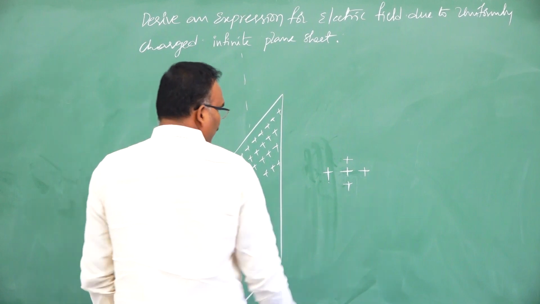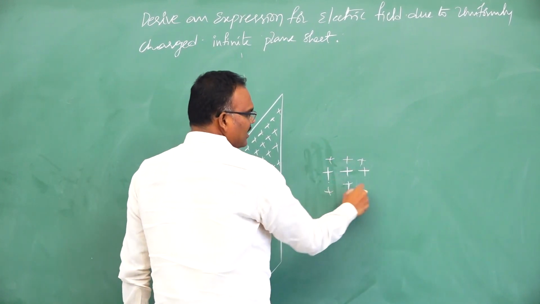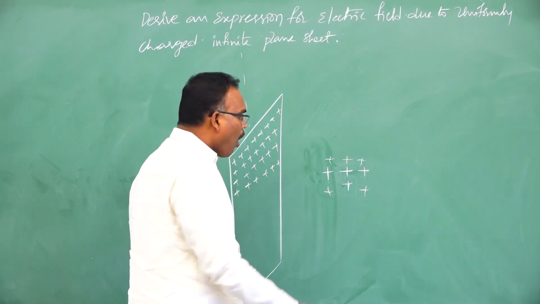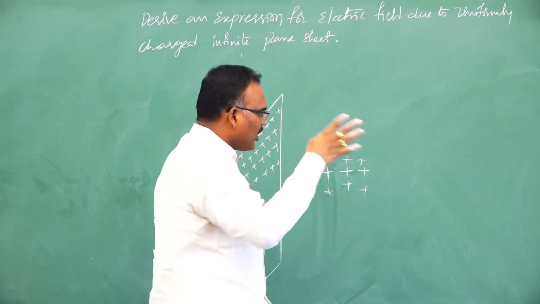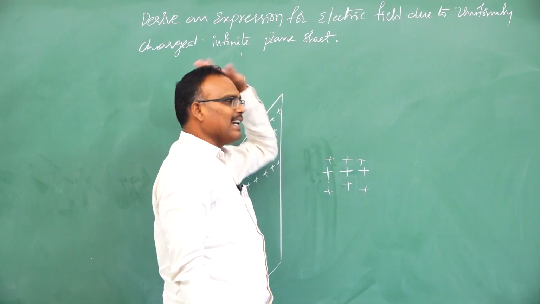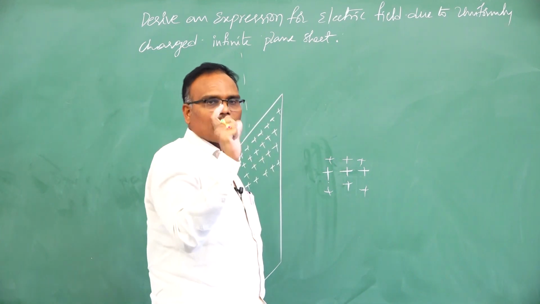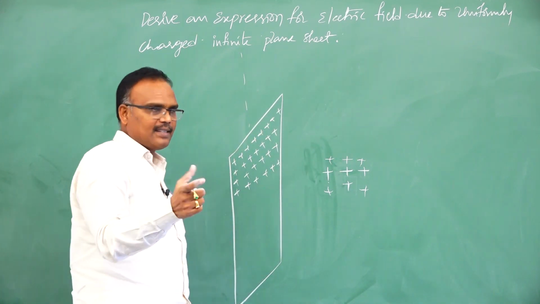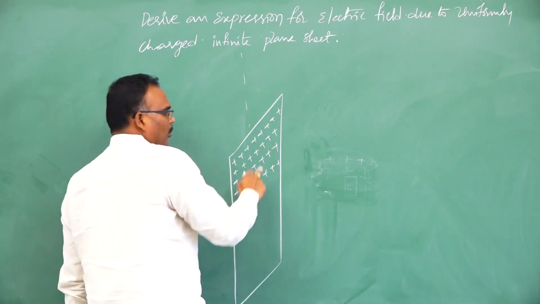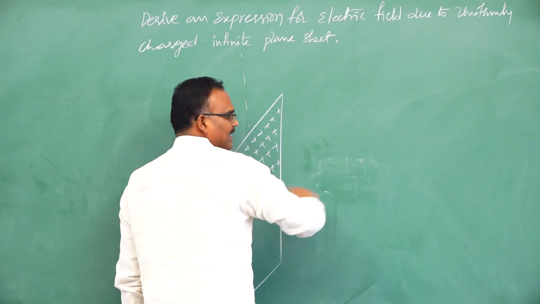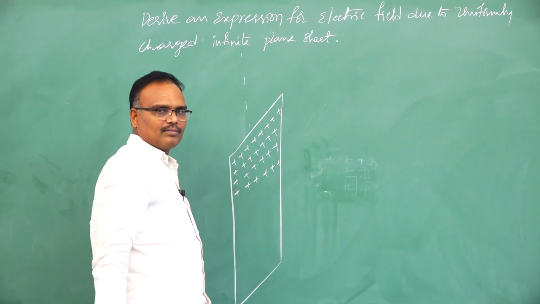So that's why if you have a continuous charge distribution like this, all field lines are parallel, and a few are towards you and the rest will be inside the board. This field diagram you should realize, this is important. That means this sheet produces electric field lines in straight lines.